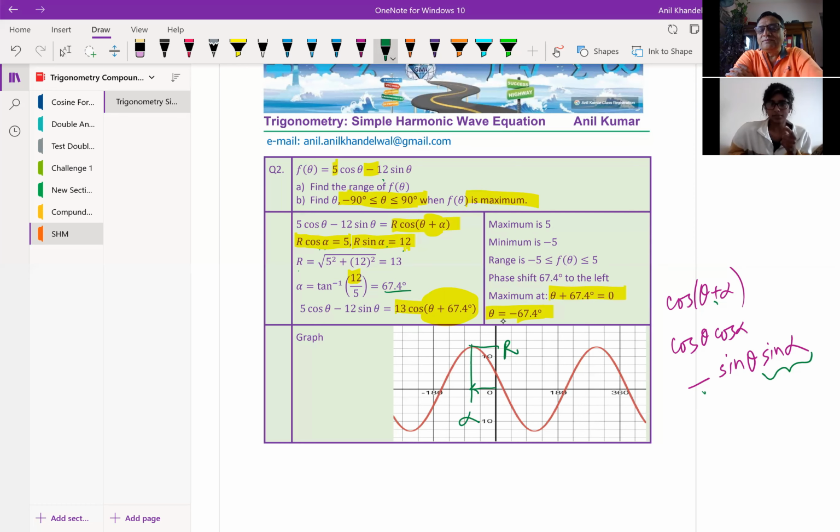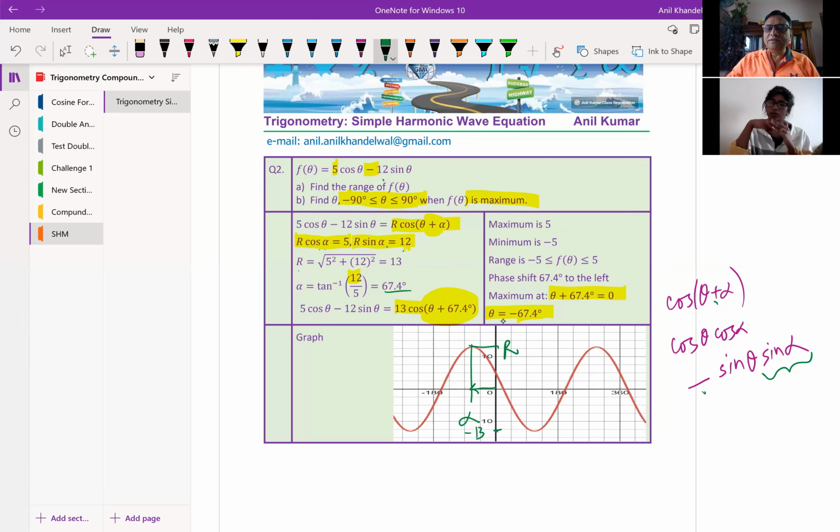So the maximum and minimum for that one are 13 and minus 13? Yes, correct. This is minus 13 here. In general, there is no vertical shift, but there is a horizontal shift, for all these simple harmonic motion equations.